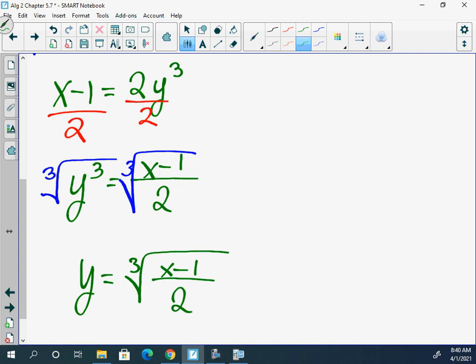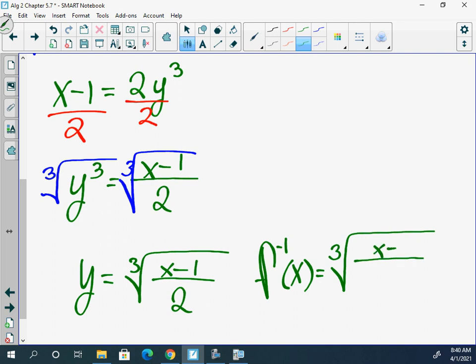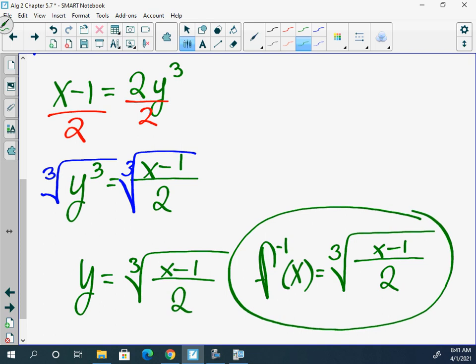Odd roots don't have it, but even roots do. It's easy to flip it if we're not paying attention.